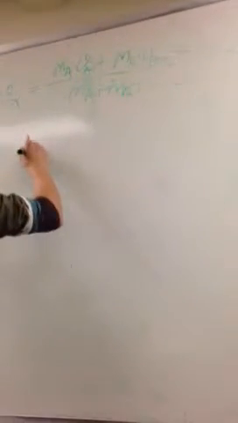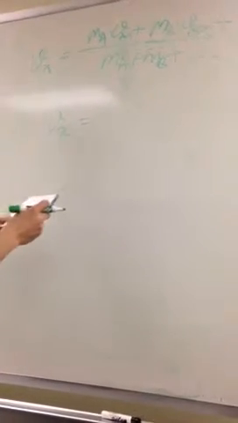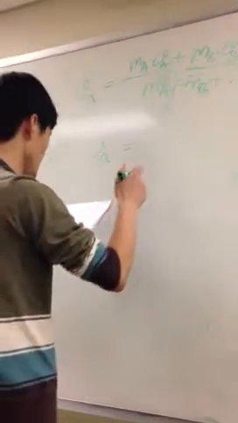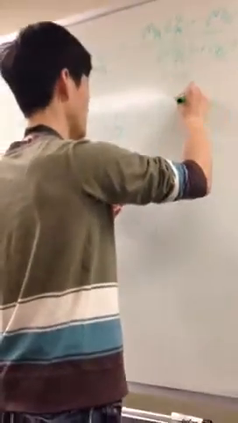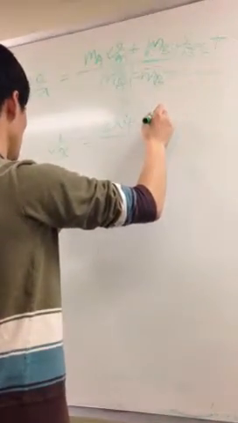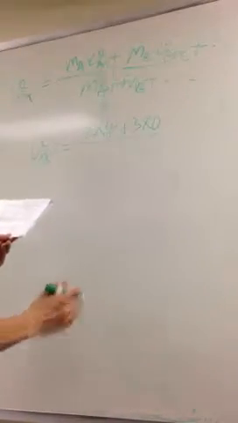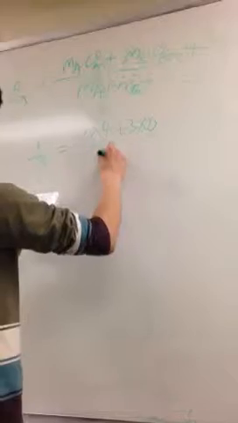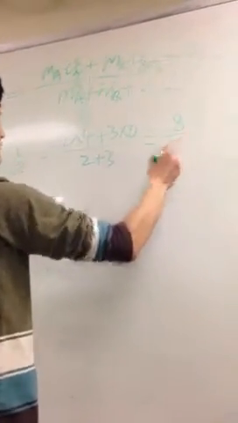That's the equation we got. So for this question, the speed of the center of mass along x is the 2 kilogram at 4 meters per second, plus the 3 kilogram only moves along y, so it's 0, divided by 2 plus 3. So it's 8 over 5.